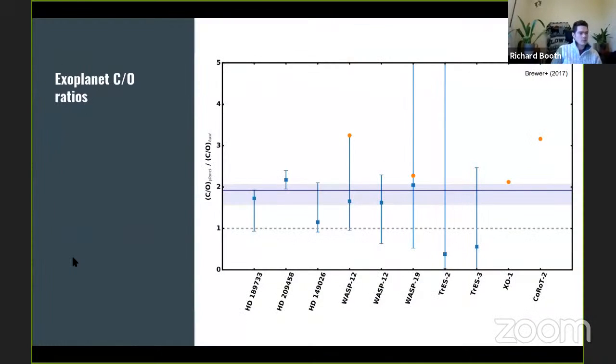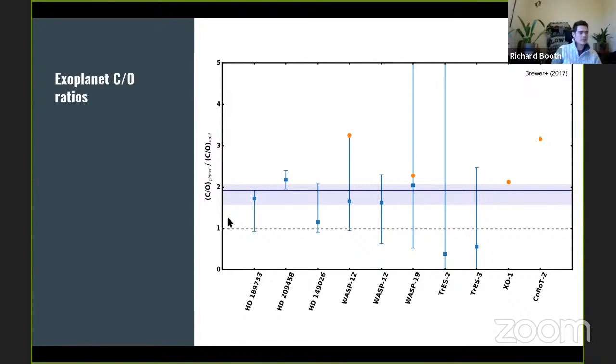Okay, so a lot of the motivation for me getting interested in this stuff comes from studies of exoplanet atmospheres. What I'm showing here is a plot from Brewer et al. 2017, showing the state of the art then in terms of the C/O ratio of some planets measured and compared to the C/O ratio of the star.